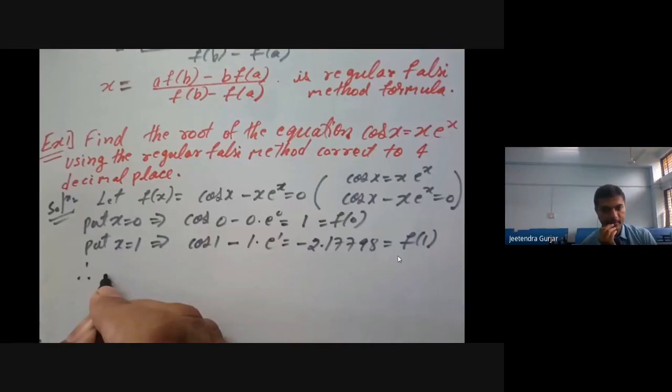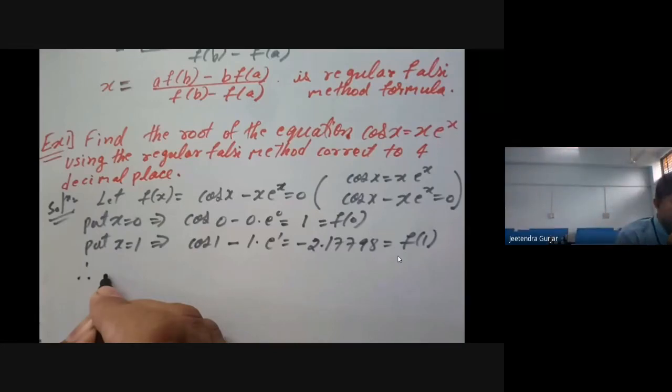Use this equation to find f of 0 and f of 1 simultaneously. Please write down so that you can verify this answer when you put x is equal to 1 in your calculator. As I already mentioned in the last classes, you should use the calculator to save time. So we get cos 1 minus 1 into e raised to 1 is equal to minus 2.17798 is equal to f of 1.